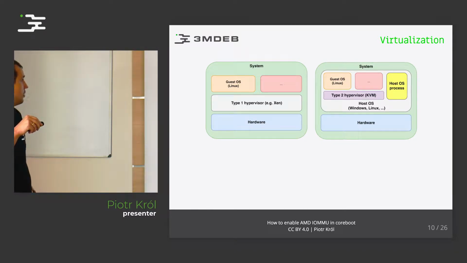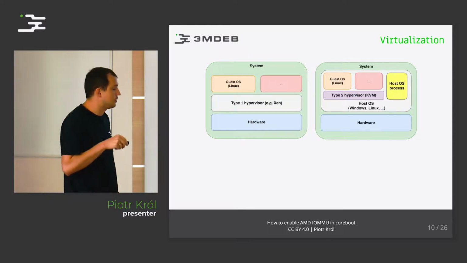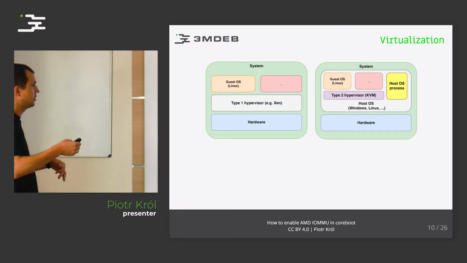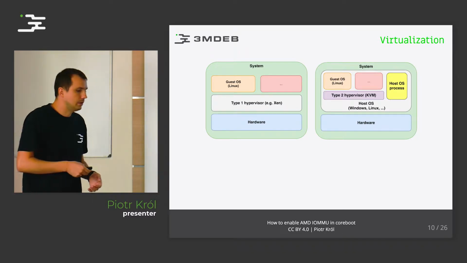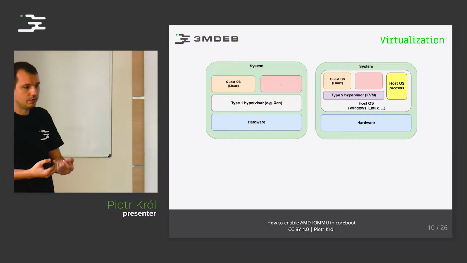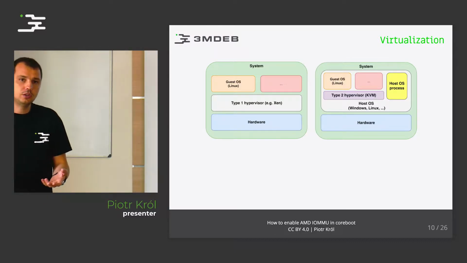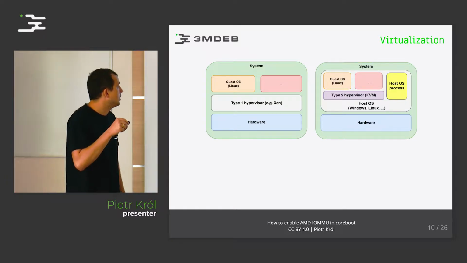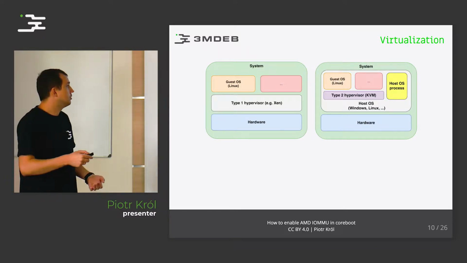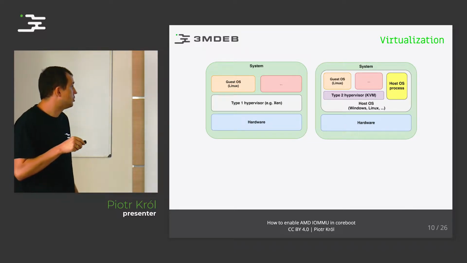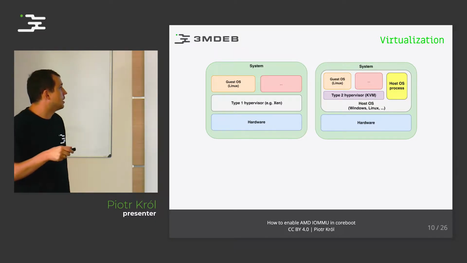Then we have another approach, which is, for example, KVM, a type 2 hypervisor, which means that we have a regular operating system like Linux or Windows. KVM is not for Windows, but Windows has its own type 2 hypervisors. We modify our operating system, for example by loading a kernel module to provide hypervisor capability. Then we can utilize hardware-supported virtualization features and run our guest OSes.